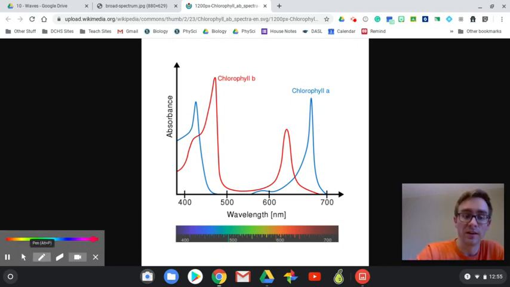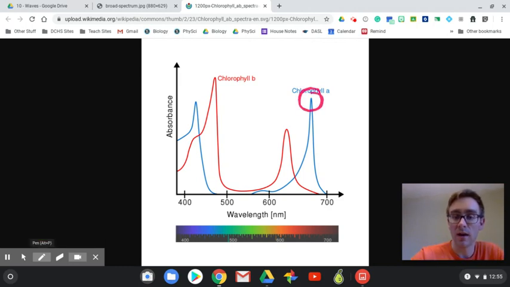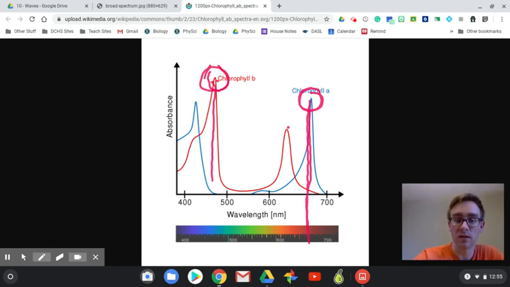We know that it's at the very end of this spectrum here. It's absorbing red. So chlorophyll A is absorbing red. And if I said chlorophyll B, what color is it absorbing? You would say, well, chlorophyll B is absorbing not only here, but its biggest point is right here. It's absorbing a bluish color.